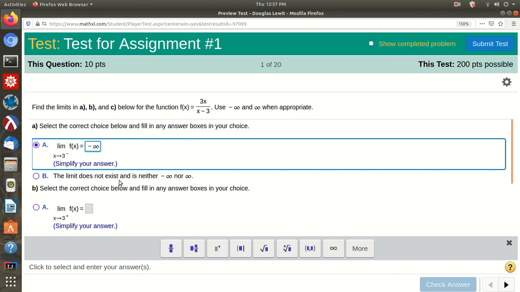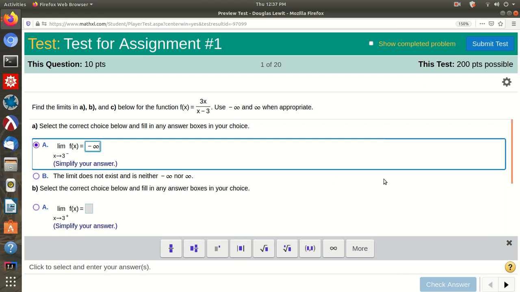The limit does not exist and is neither... Okay, so for B, hold on one moment. I want to make sure I'm reading this correctly. So, yeah, the limit as x approaches 3 from the left is negative infinity.